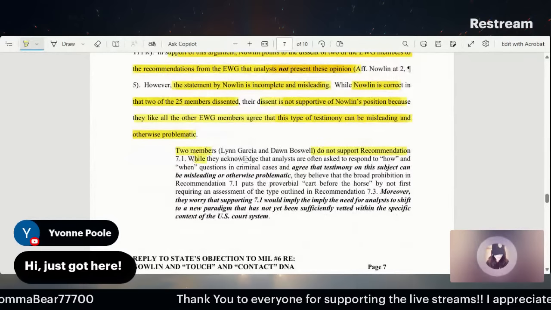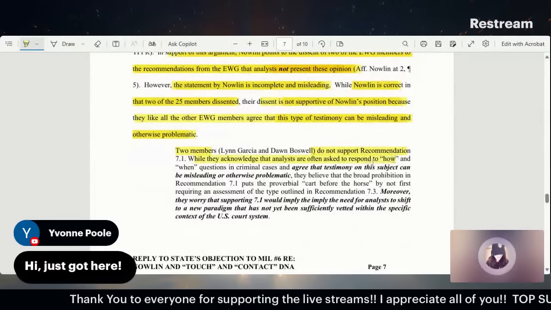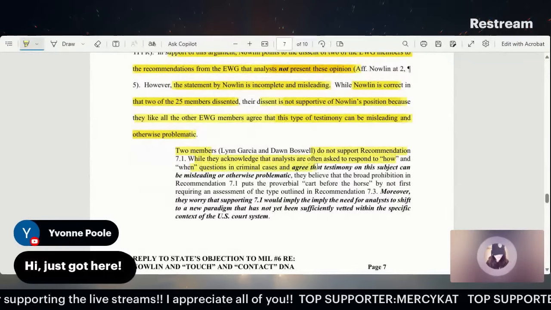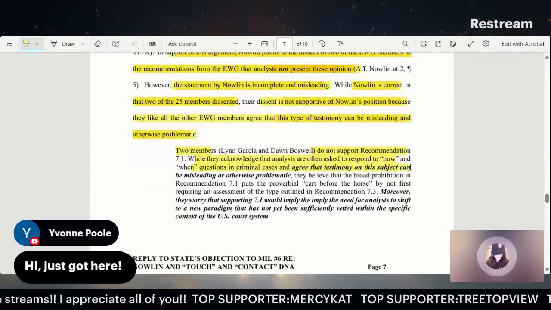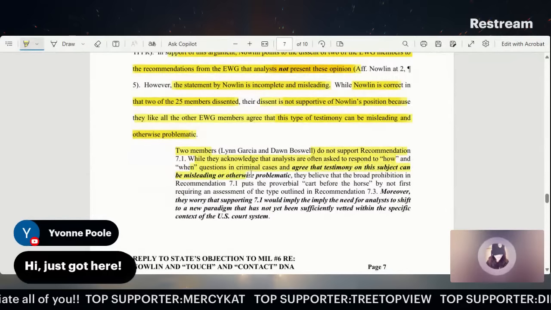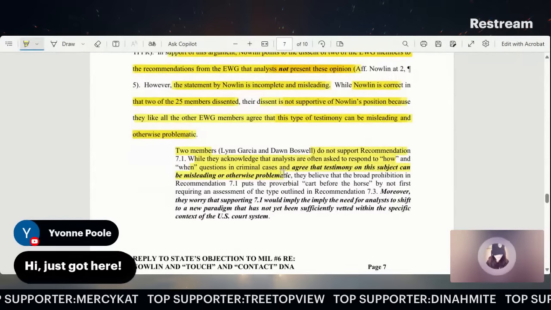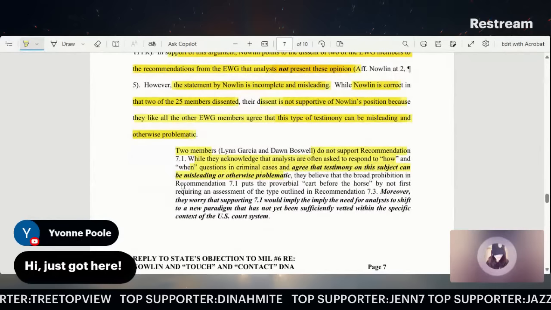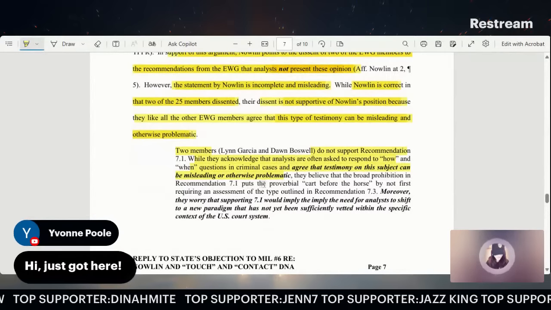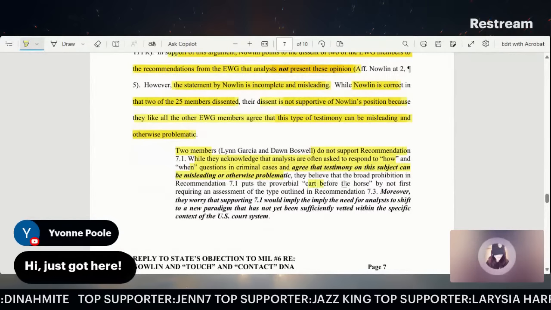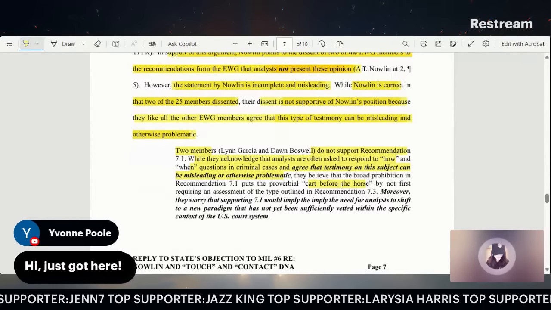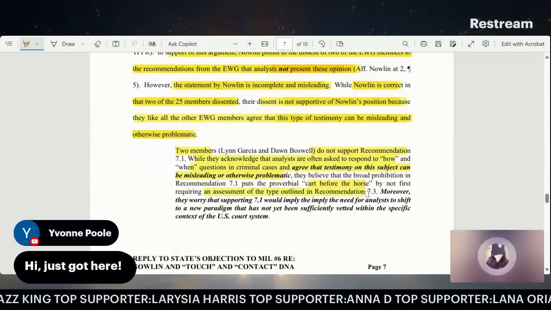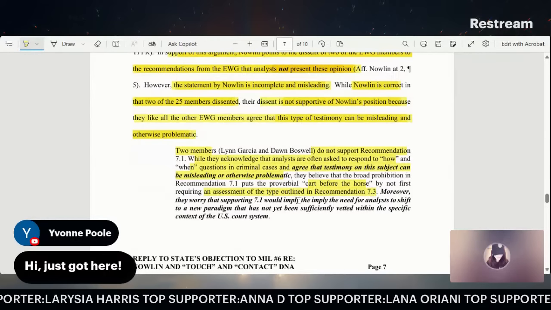While they acknowledge that analysts are often asked to respond to how and when questions in criminal cases and agree that testimony on this subject can be misleading or otherwise problematic, they believe that the broad prohibition in Recommendation 7.1 puts the proverbial cart before the horse by not first requiring an assessment of the type outlined in Recommendation 7.3.